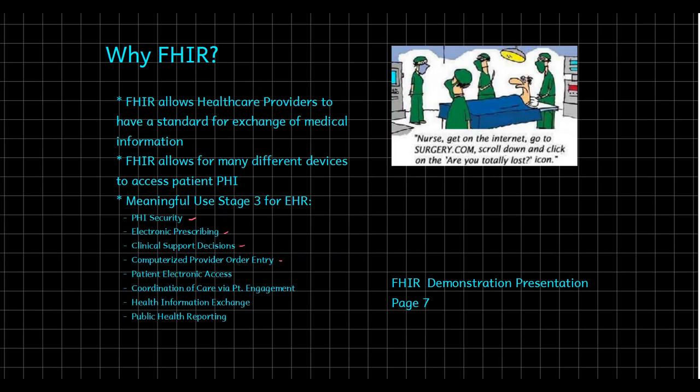We can talk about computerized orders, if we're talking about medical orders, lab orders, imaging orders. Patients are going to have access to their record. There are certain benchmarks for that as well. We can coordinate healthcare through patient engagement. So if a patient has multiple doctors, we can take care of that as well as public information reporting and health information exchange. So those are a lot of the features of FHIR, and it's a very important system. It's essential for us to have this type of interoperability.